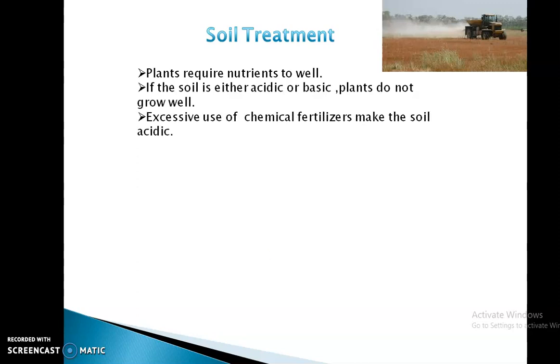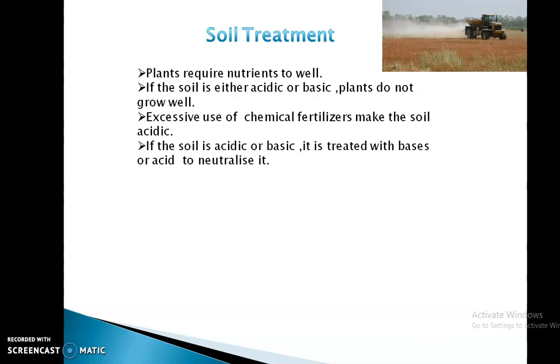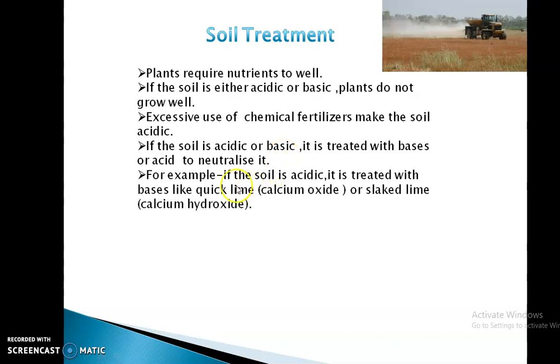It could be because we are adding too much fertilizer, more than the soil needs. Adding chemical fertilizer makes the soil acidic. So if the soil is acidic or basic, it has to be treated vice versa to neutralize the effect.